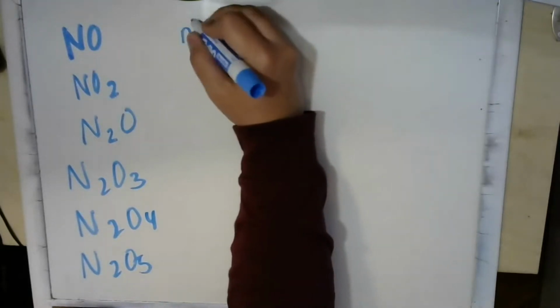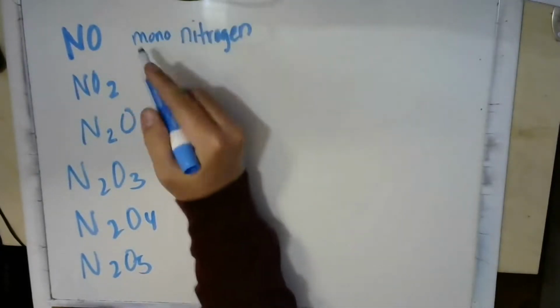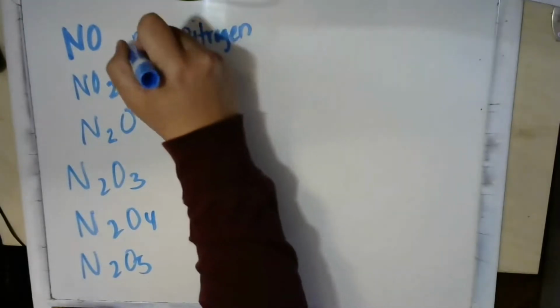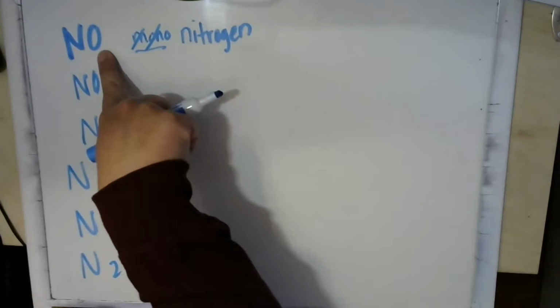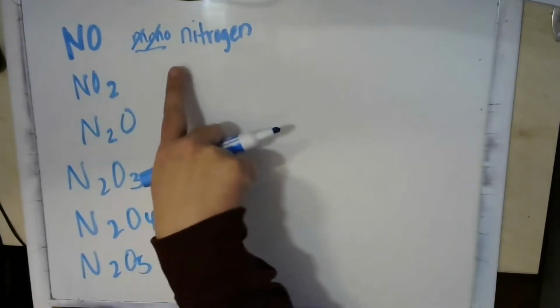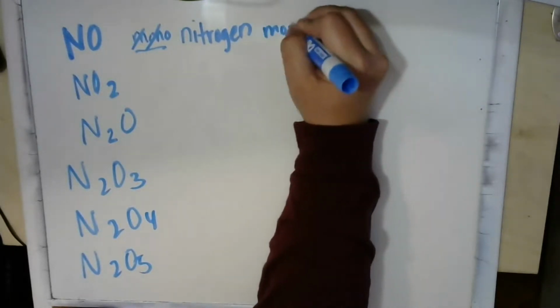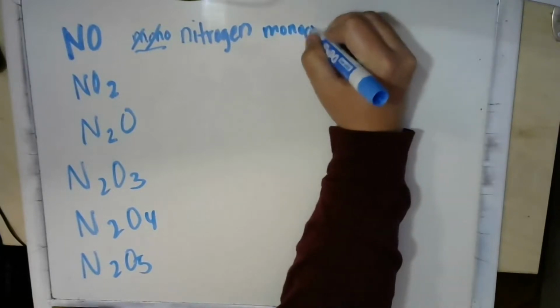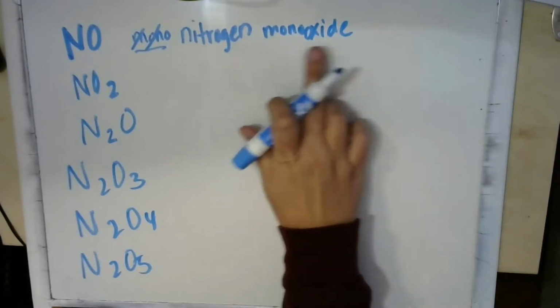All right. Now, if there's only one atom of the first element, you don't have to write mono in front of it, okay? So we can X that out. But you have to indicate exactly how many of the second element are attached. So instead of writing mono nitrogen, mono oxide, we could just write nitrogen mono oxide.